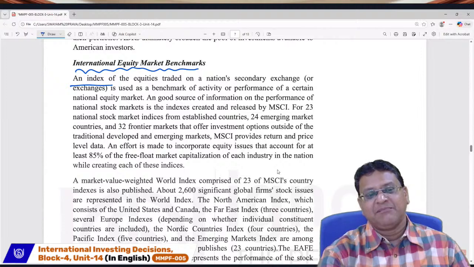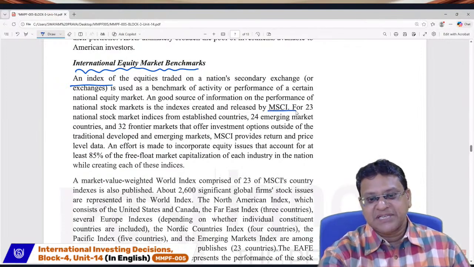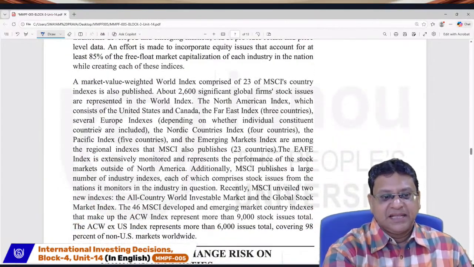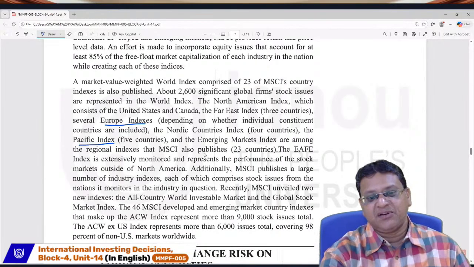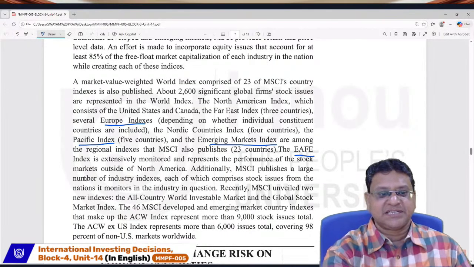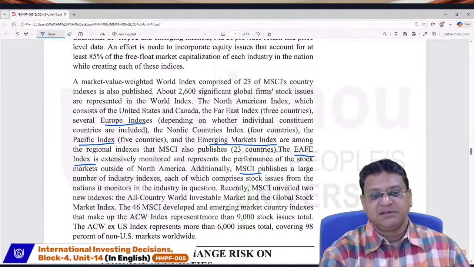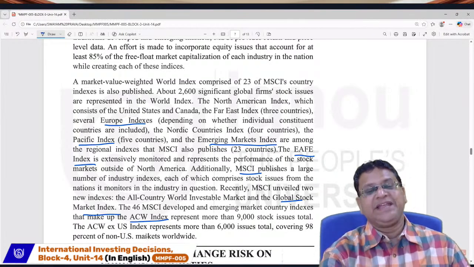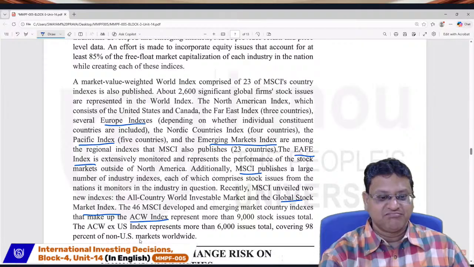These indexes are many: MSCI index, Europe indexes, Pacific index which track international investment, emerging market index, EAFE index, then global stock market index, ACW index. These are some examples of international equity indexes. An index tracks a particular market.